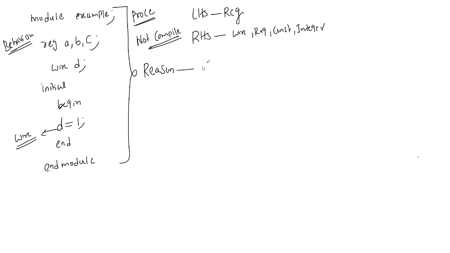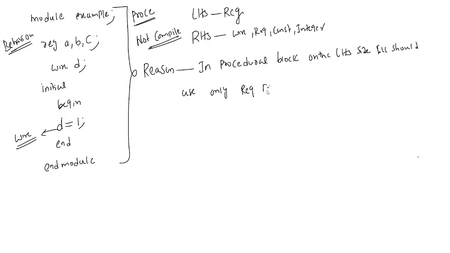In procedural blocks, you have initial and always blocks. In a procedural block, on the LHS side we should use only reg data type. Is it fine? Did you understand? Yes, sir.